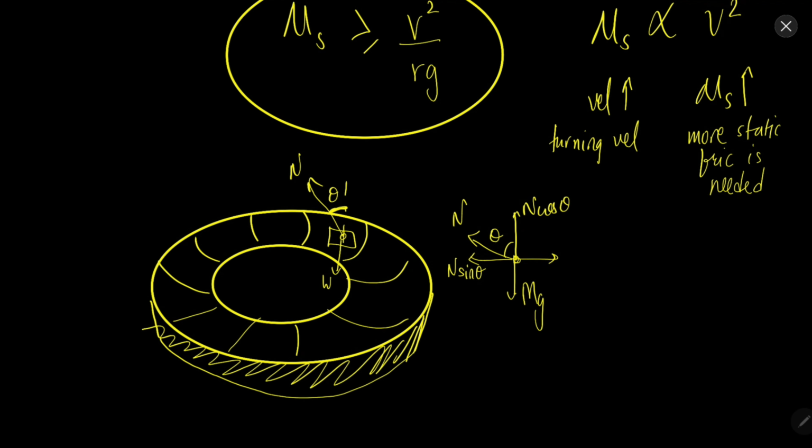And this is mv square by r, the centripetal force, which is acting towards the center. It is quite hard to draw here, so I have drawn the free body diagram. So n sin theta is equal to mv square by r, and n cos theta is equal to mg. If we divide 1 and 2, we will get tan theta. Let me write it fully.